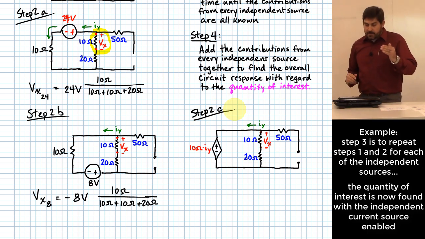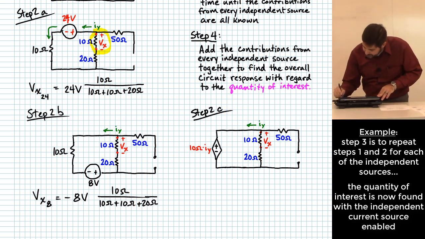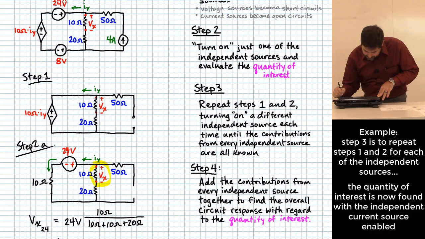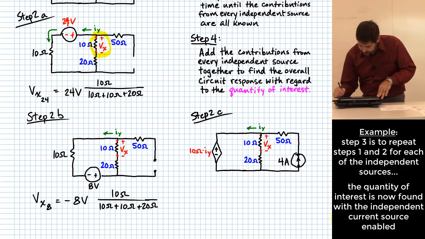Now I'm going to leave the 2 voltage sources off, meaning they're replaced with wires. And what am I adding back in here again? That current source, which I believe was 4 amps up. Make sure we're consistent with what it was at the beginning, 4 amps upward, okay?